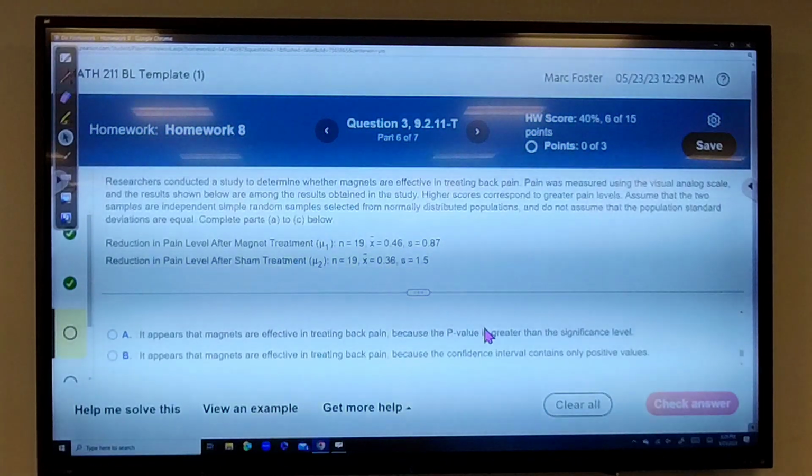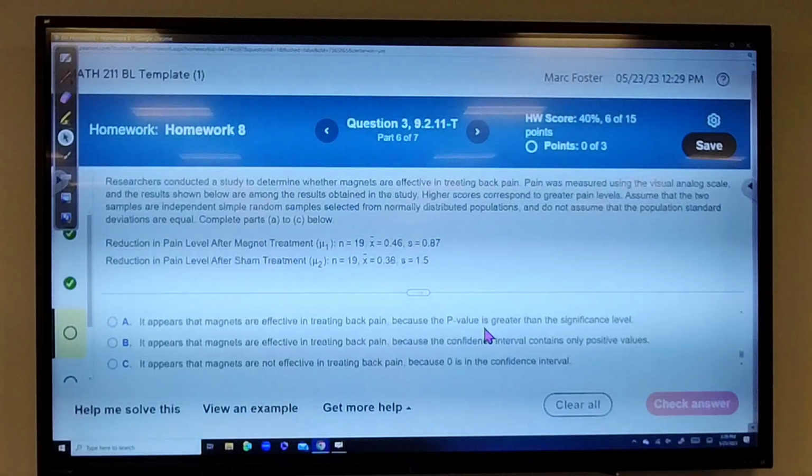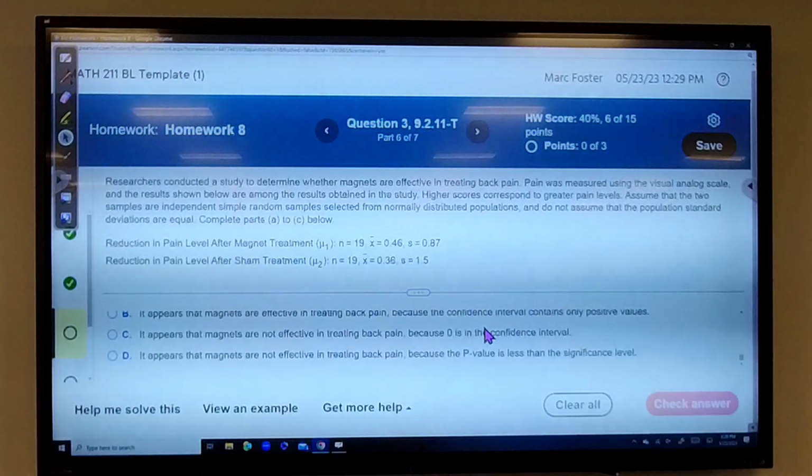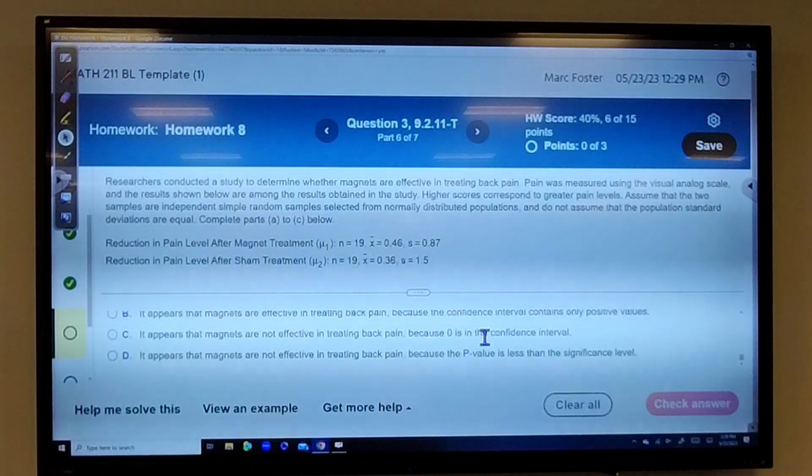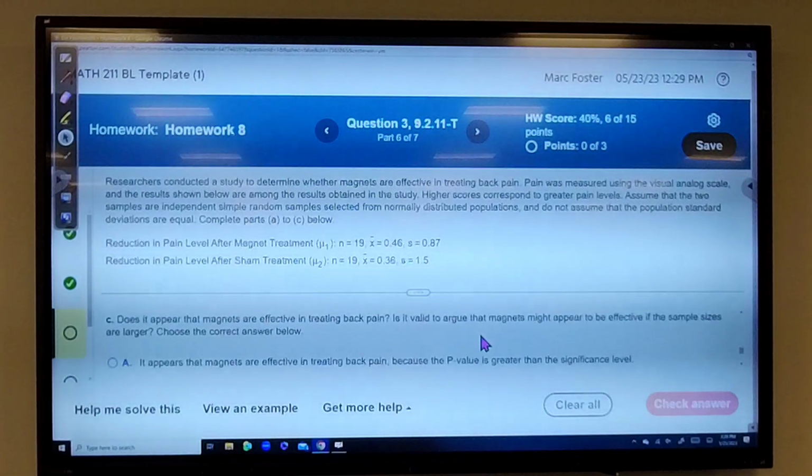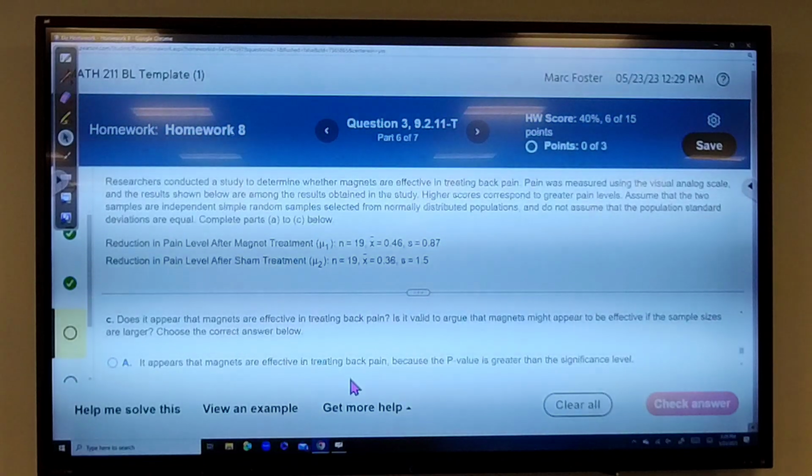However, this is a two-part question. The first part is going to answer the first question.